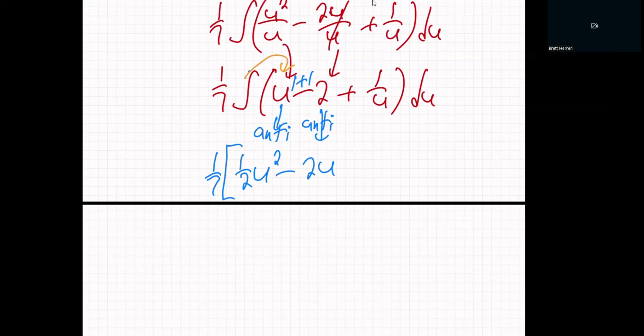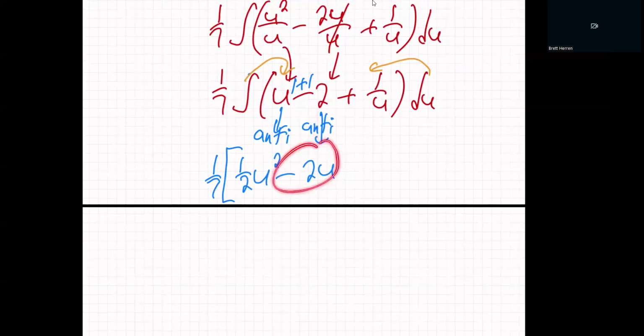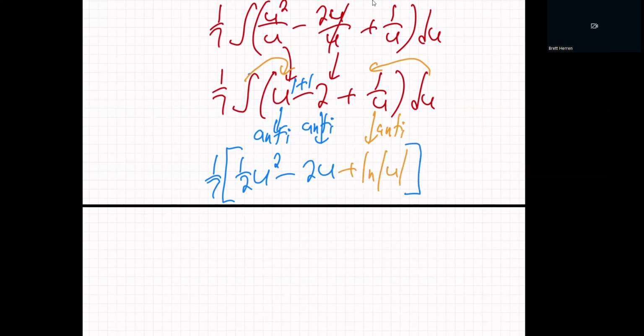The integral says do the anti of the du. The operators are going to do their thing now. So you add 1 to the power, u squared, divide by 2. This is minus 2u because the derivative of minus 2u will go back to minus 2. And then what about that last part? What's the anti of 1 over u? It's the natural log of absolute value of u. Remember that? The derivative of natural log goes back to 1 over u, right?